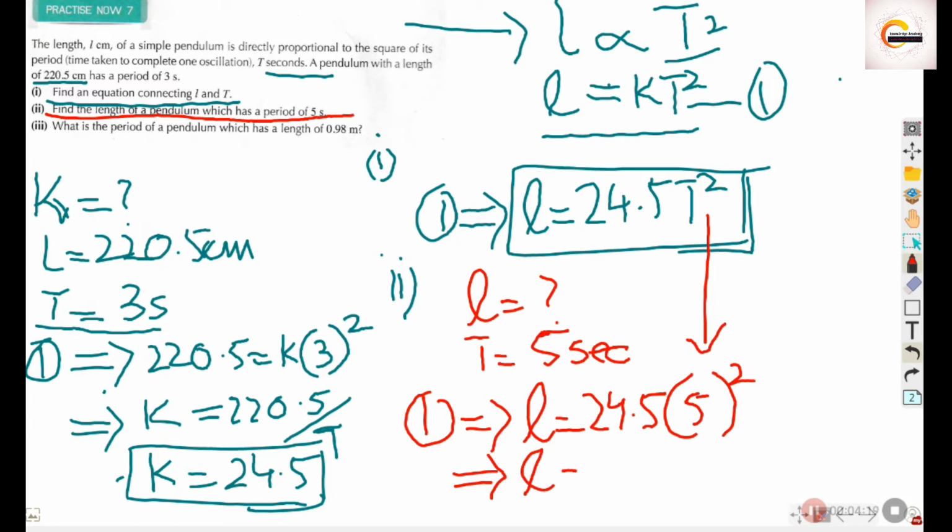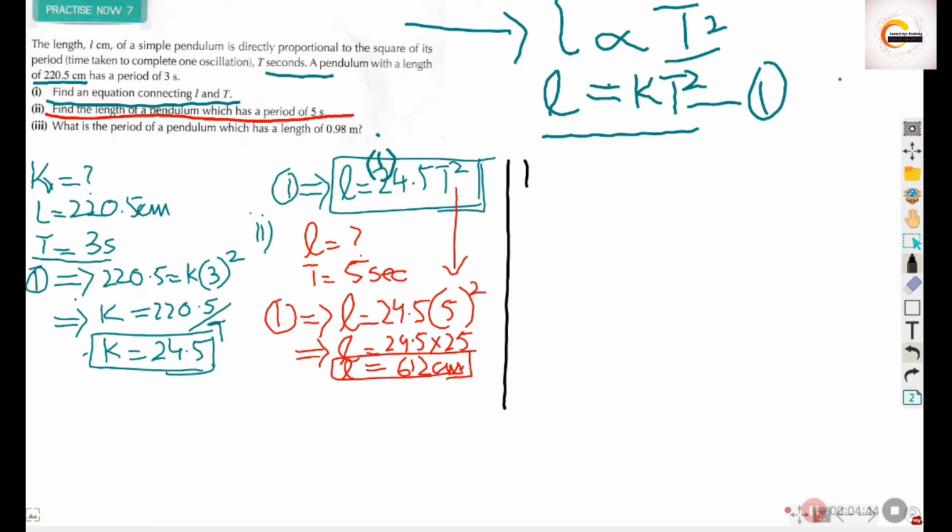Now L is equals to 24.5 multiplied by 25, and after multiplication this will give us 612.5 centimeter is the value of L.